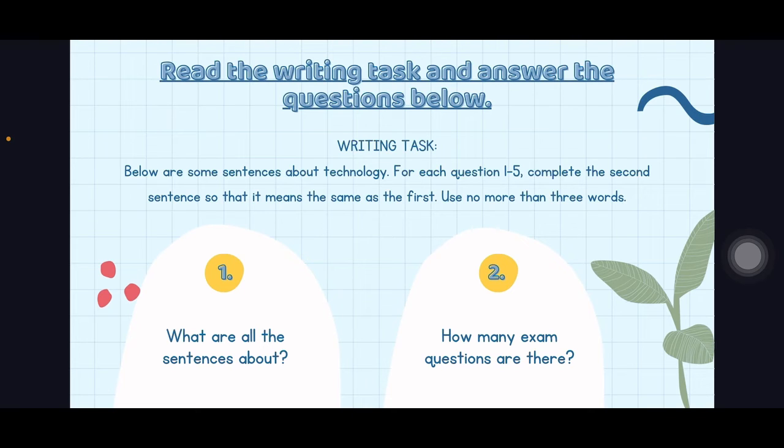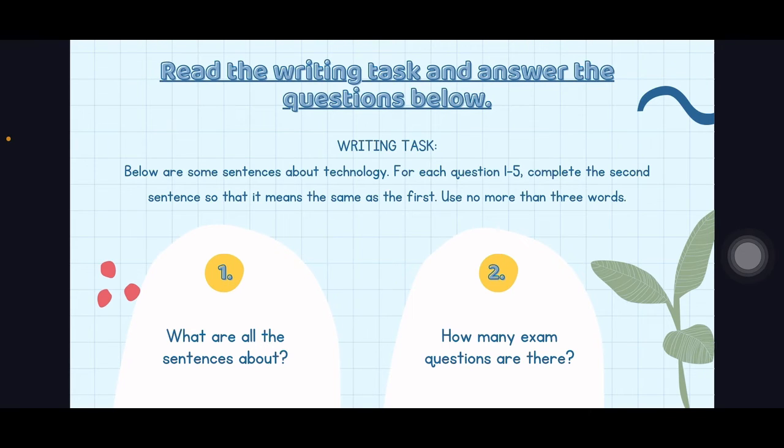Below are some sentences about technology. For each question, 1 until 5, complete the second sentence so that it means the same as the first. Use no more than 3 words.